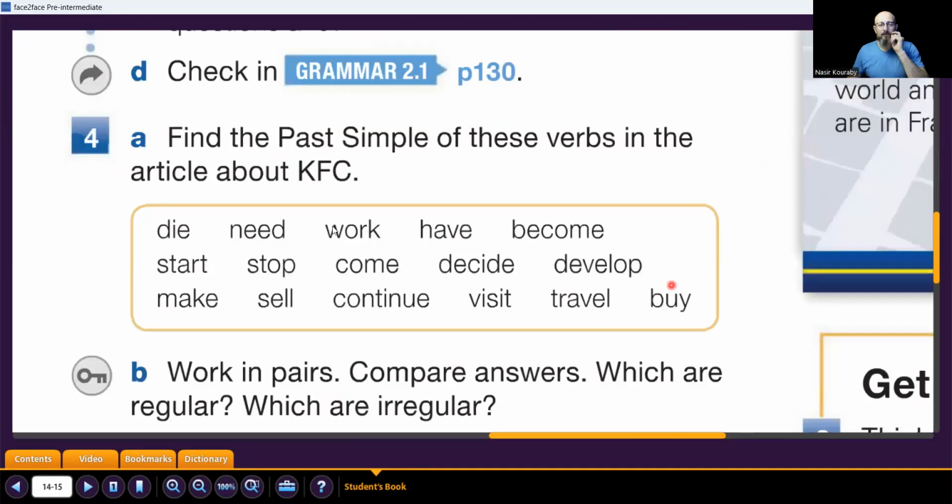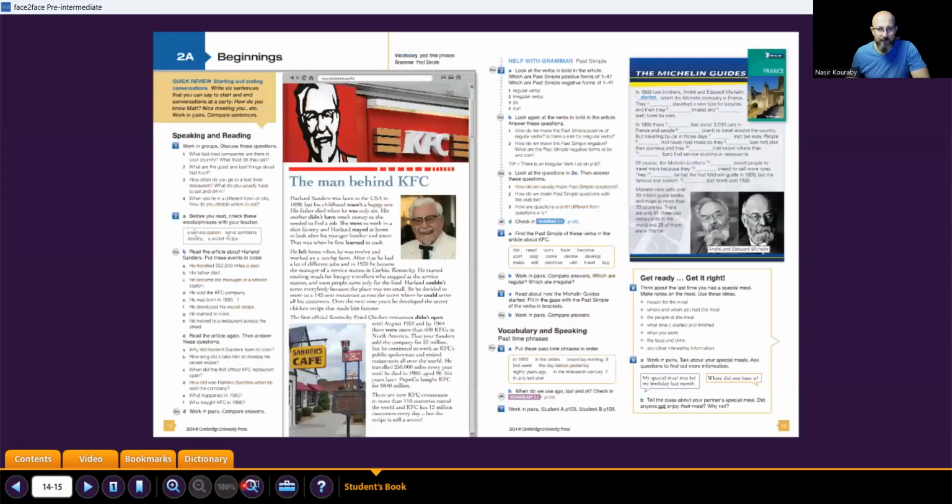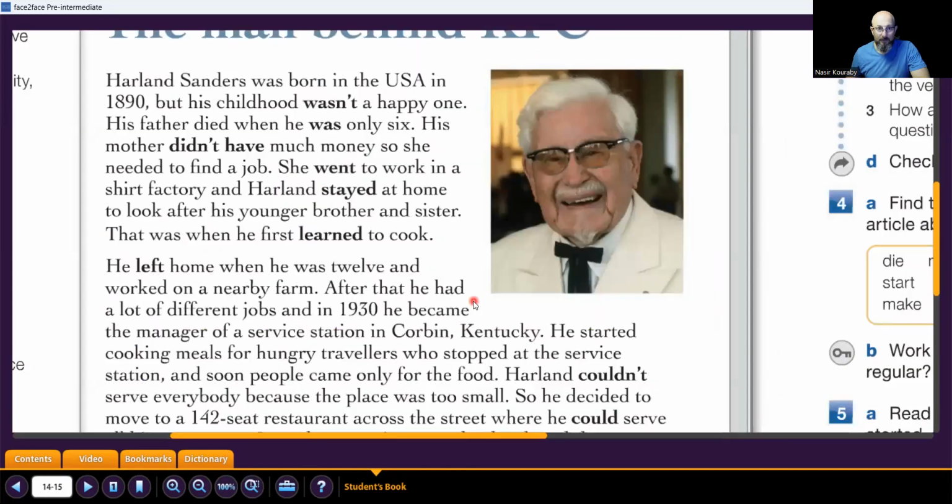Okay, guys, now find the past simple of these verbs in the article about KFC. Take a screenshot of these verbs: die, need, work, have, become. In the article, we have the past simple of these verbs. For example, was born, he bought.